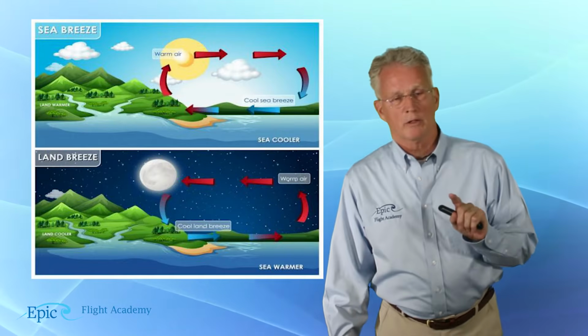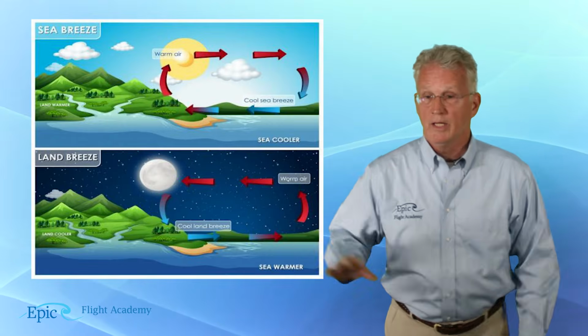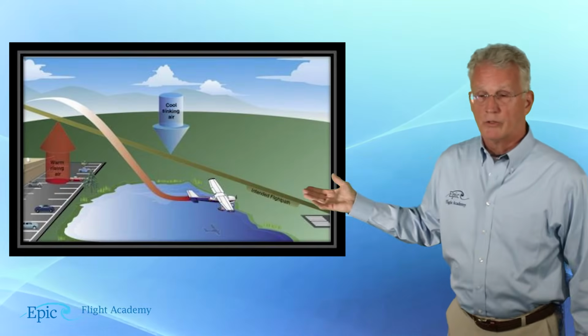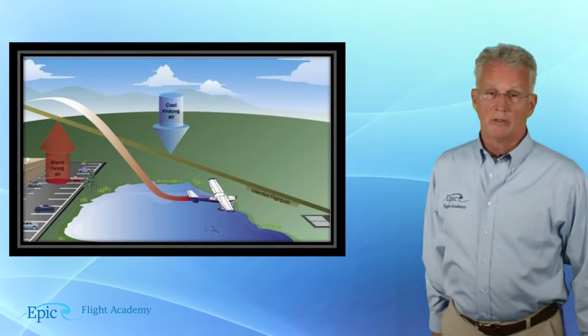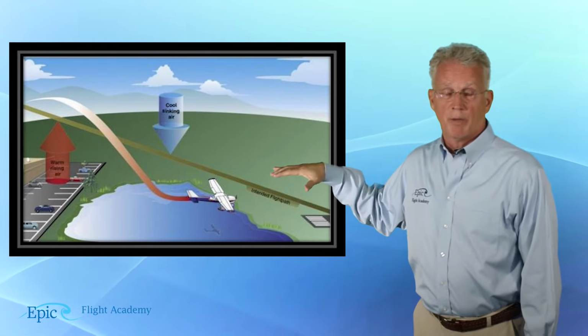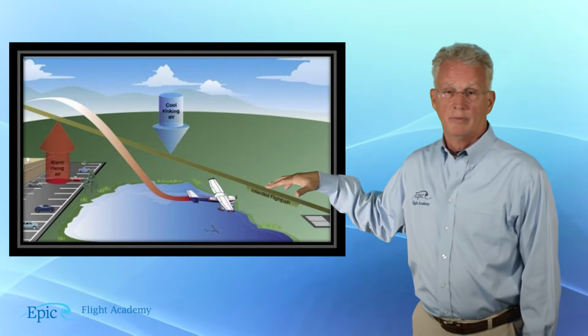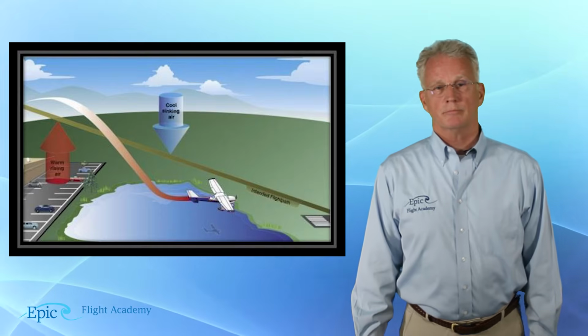Now, this is critical for pilots to remember, because in this diagram, it shows my approach path coming over an asphalt parking lot. Then I cross over a retention pond or a small pond before I get to the approach end of this runway.